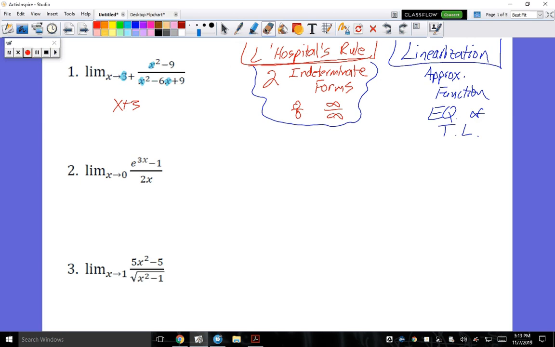So let's say we don't know L'Hopital's yet. Old school, you would have done this. You would have factored the bottom as well. You would have noticed a cancellation, a removable discontinuity, and then you would have approached 3 from the right.